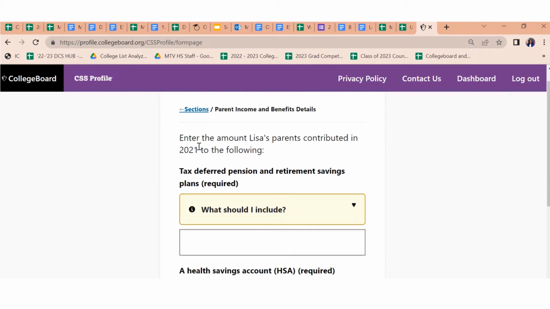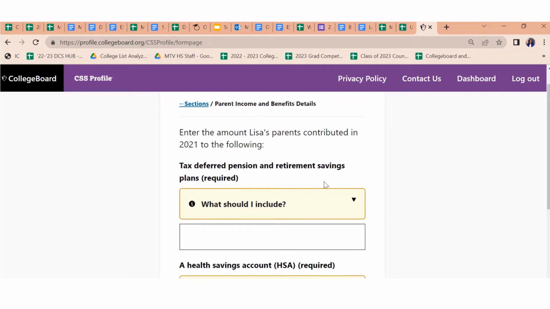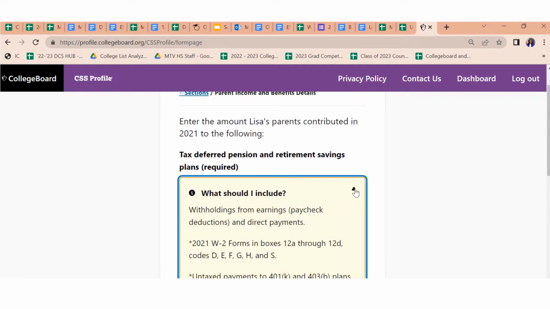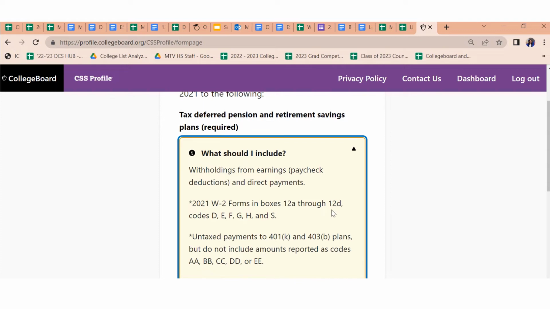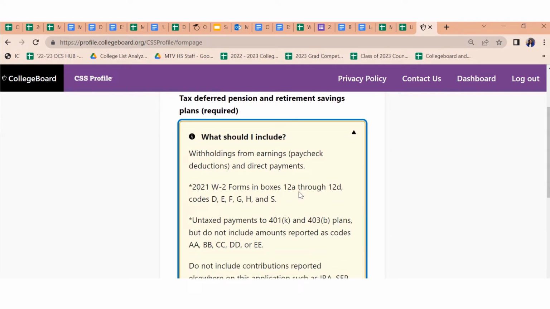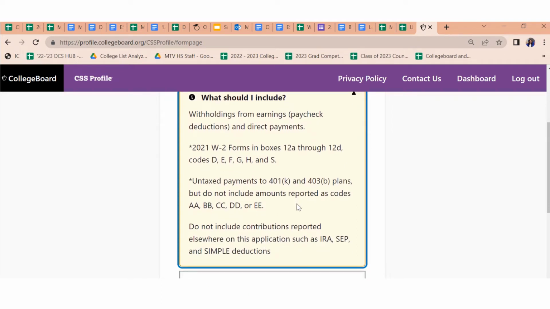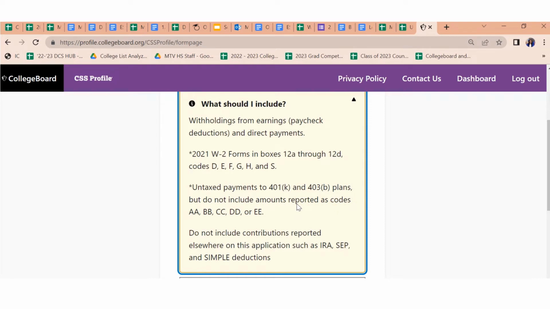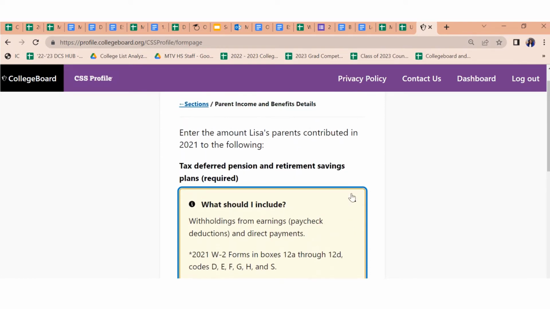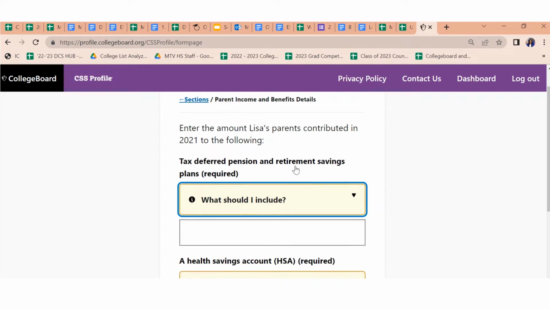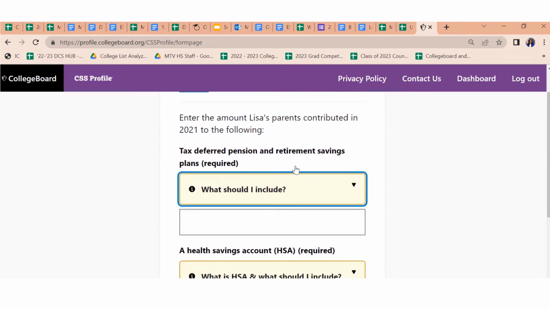This is required, you will see. So this is asking about this parent's tax-deferred pension and retirement savings plans. If you have questions about what to include, this is asking directly for the amounts in boxes 12A through 12D on your W-2 form. So this is payments and contributions to retirement plans and pensions. This is not asking for the total value of a pension or a retirement plan.